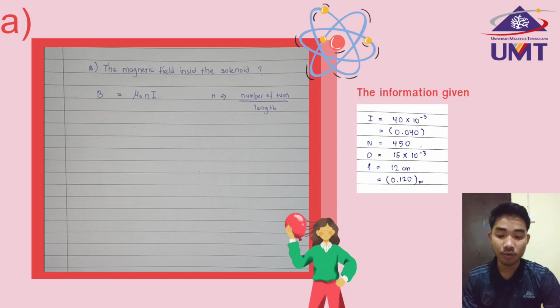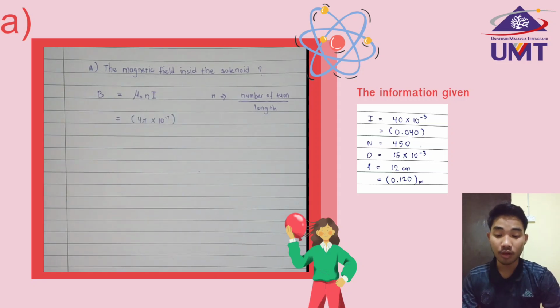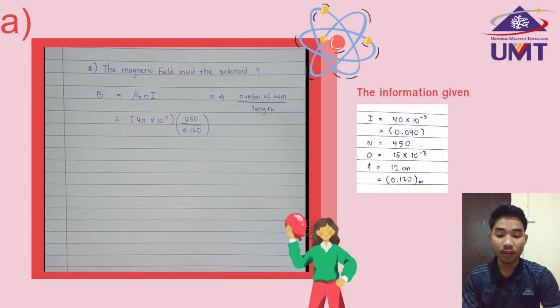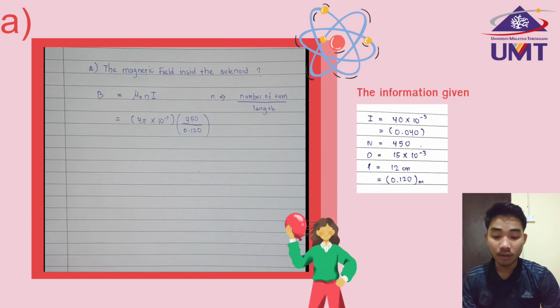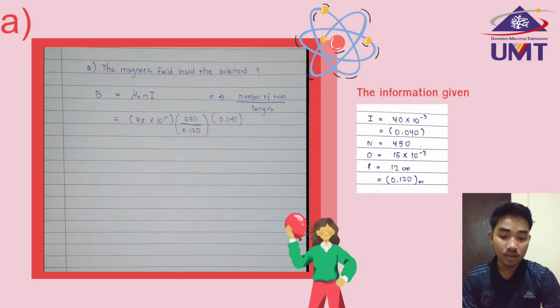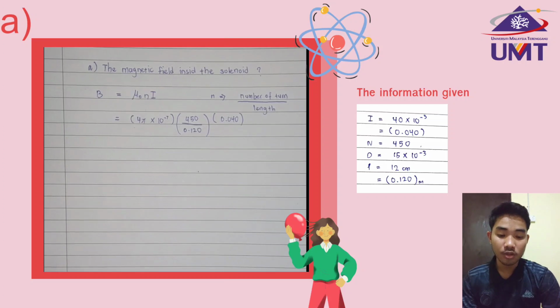So substitute the values. Mu naught is 4 pi times 10 to the negative 7, times N, which is the number of turns, 450, divided by the length, 0.120, times the current, which is 0.040.